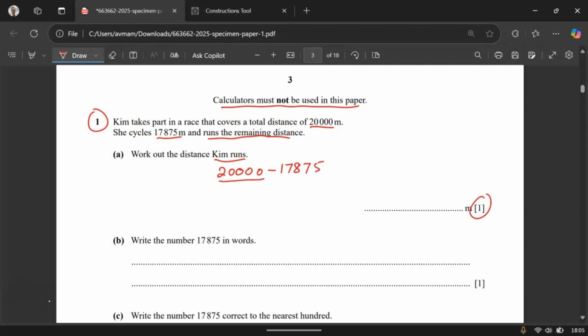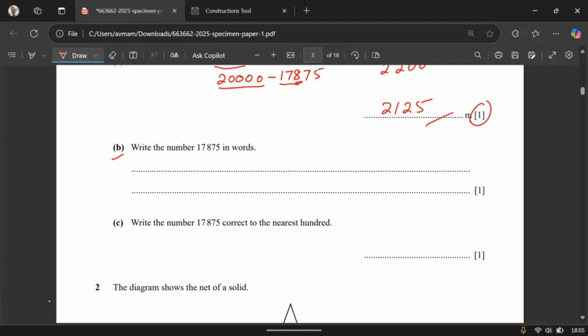From 20,000, if you subtract 17,000, you have 3,000. And then from 3,000, if you subtract 800, you have 2,200. And then from there, if you subtract 75, you have 2,125.